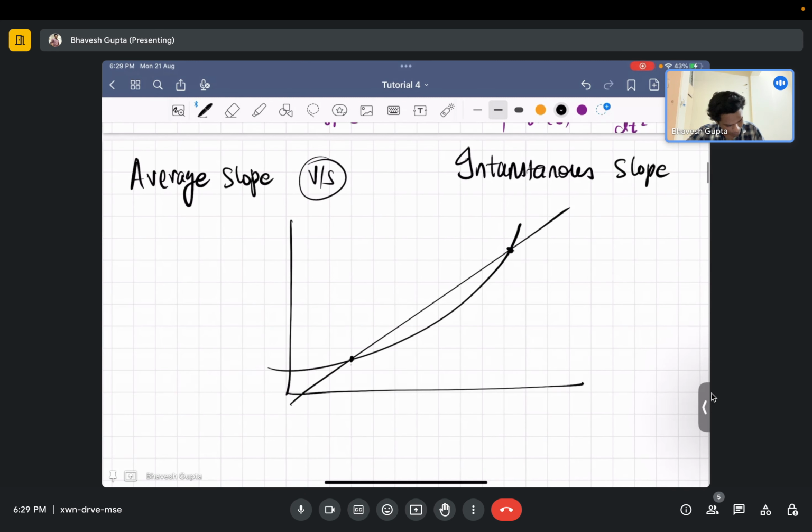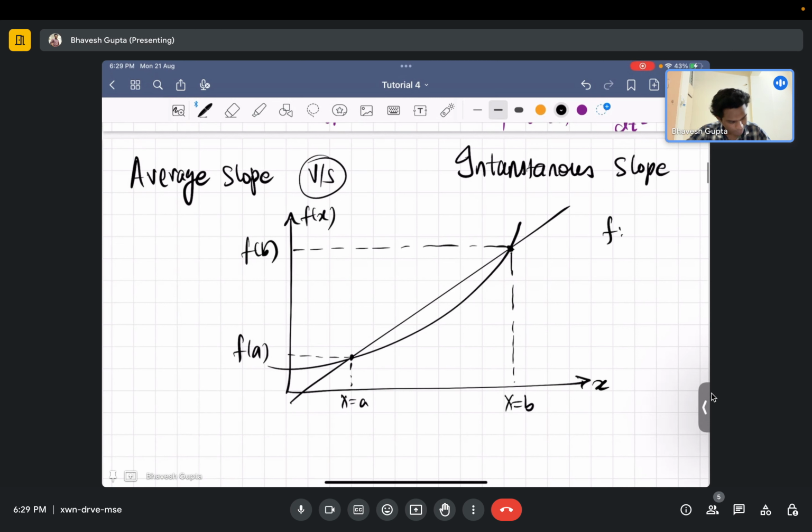Let's say this is your x equal to a, and this is your x equal to b. Correspondingly you have a value f of a, and this is your f of b, and let's say this is some function f of x.